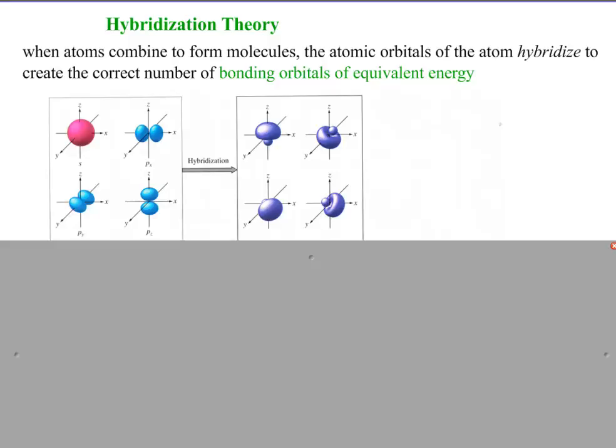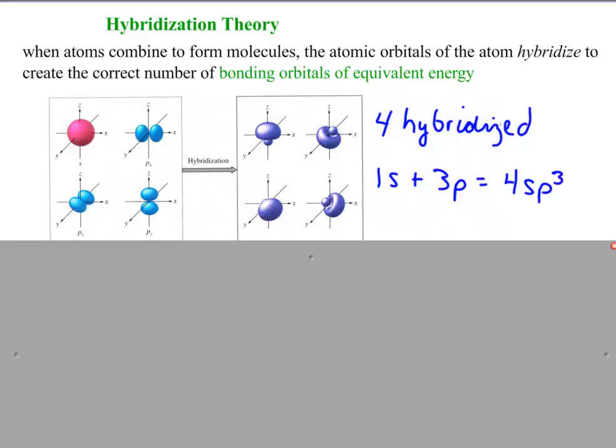And the name of the orbital is based on what goes into forming it. So for these orbitals, I have 4 hybridized orbitals. To get them, I took an s orbital and 3 p orbitals. So I end up with a total of 4 orbitals, and I name them based on what was used to make them. So they're called sp3 orbitals, and they all have the same energy.